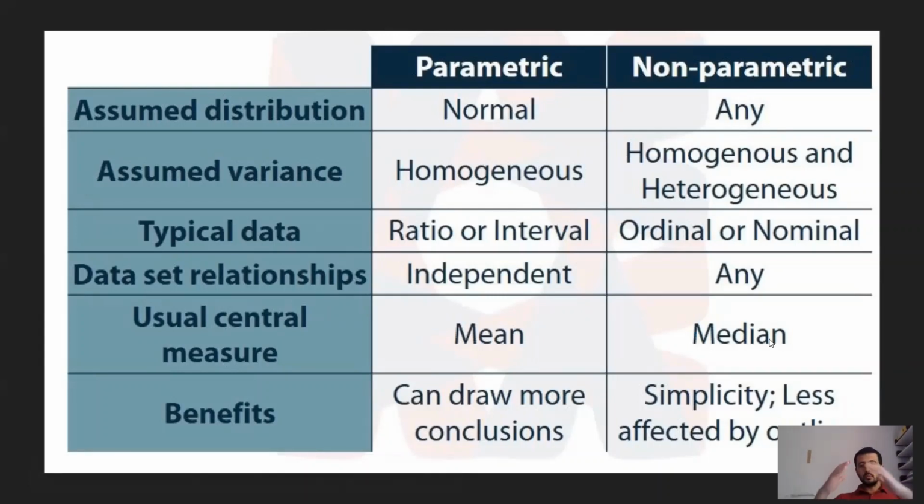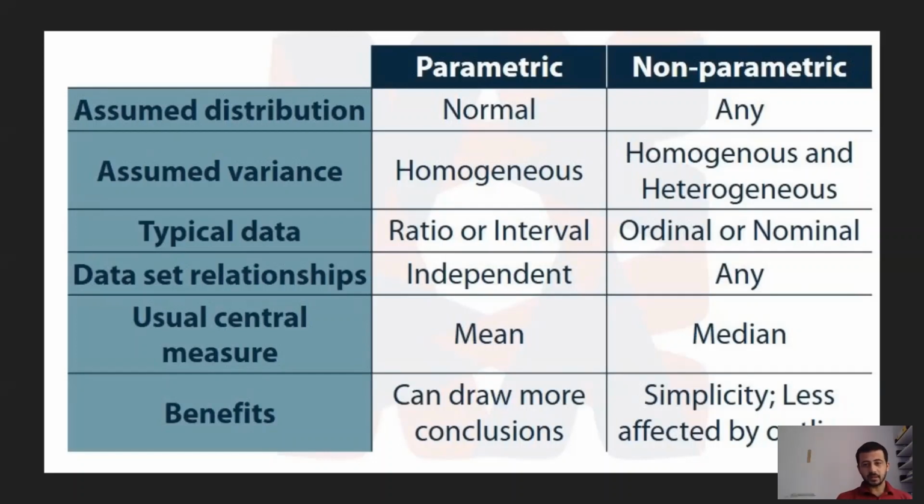Why? Because when we have the normal distribution, we can use the mean because it represents the whole distribution. But when it is right skewed or left skewed, when we have outliers here or there, can we still use the mean? The mean actually will deviate towards the outliers, but the median will not.